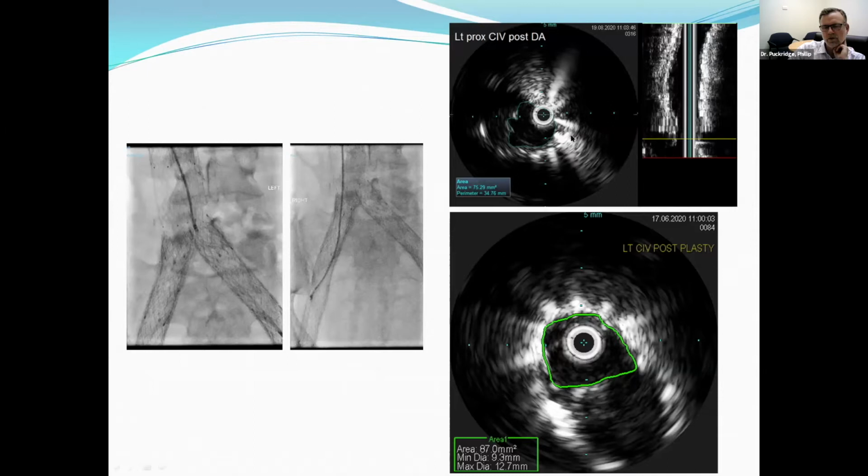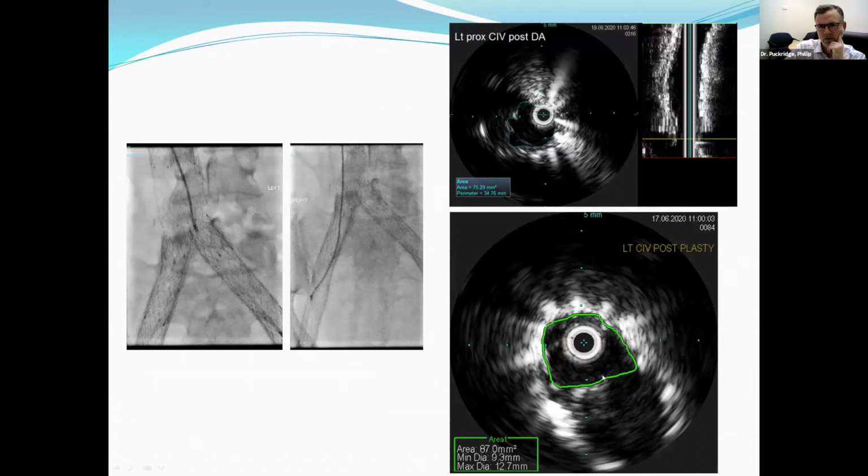For example, on the top right-hand side, this is the left proximal common iliac vein post-directional atherectomy. You can actually see that there are a couple of little divots cut out of the area. Your ability to control where that will be is quite difficult.